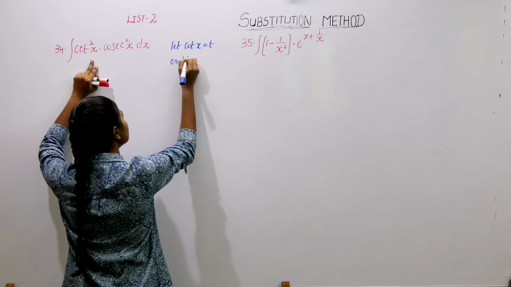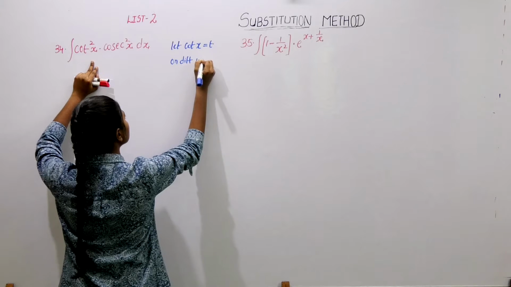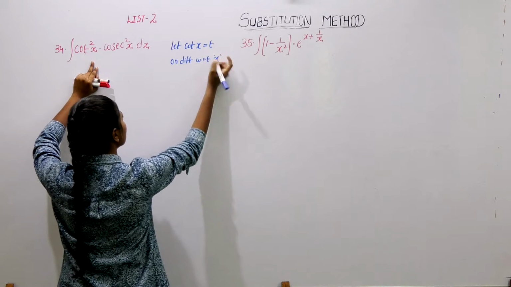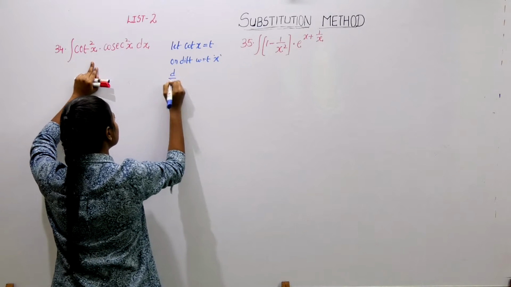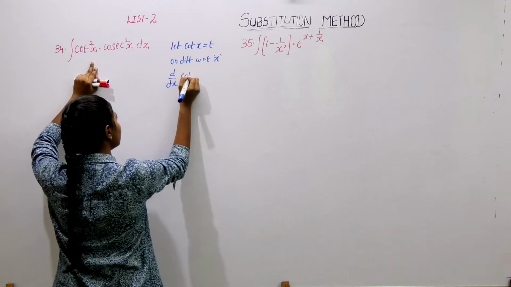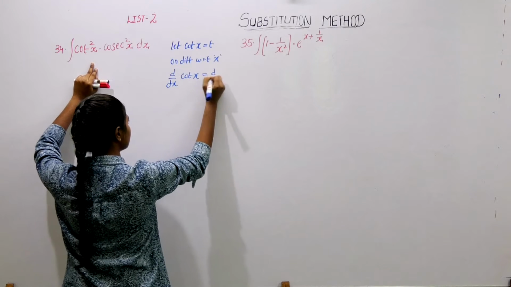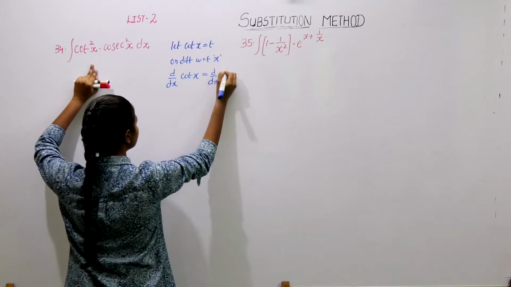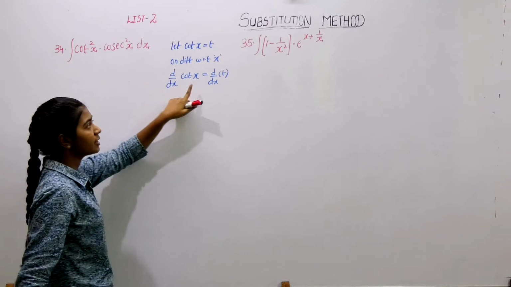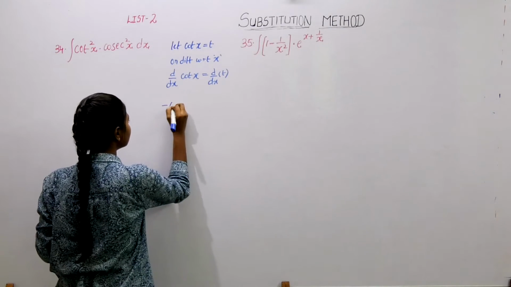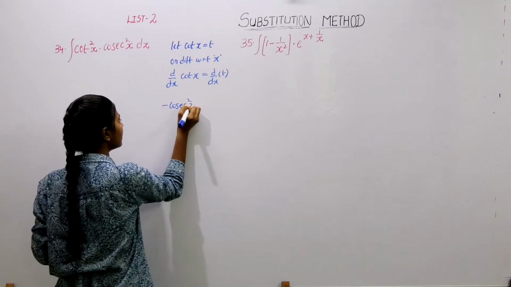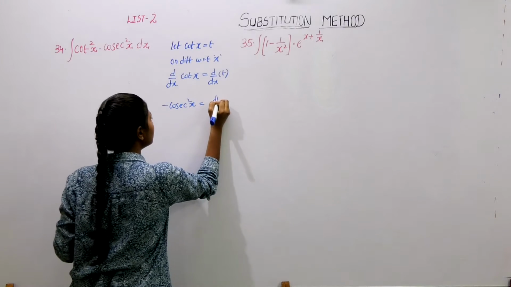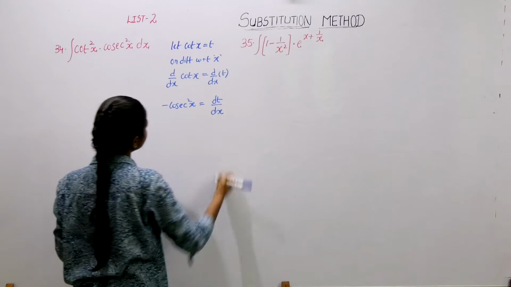On differentiating with respect to x on both the sides, d by dx of cot x is equal to d by dx of t. We know d by dx of cot x is minus cosecant square x, which is equal to dt by dx.